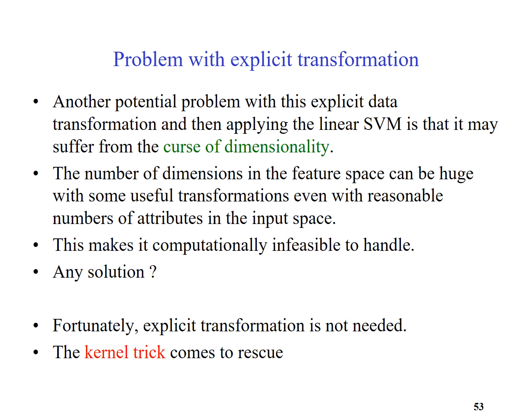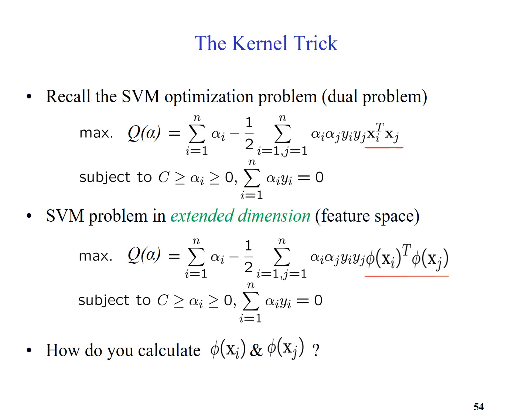Personally, I think this is the beauty of SVM, and sometimes technology is a beauty, and this is one of the examples. Now let's talk about the kernel method. Before we go into the kernel method, let's take a look at the dual problem of SVM first.